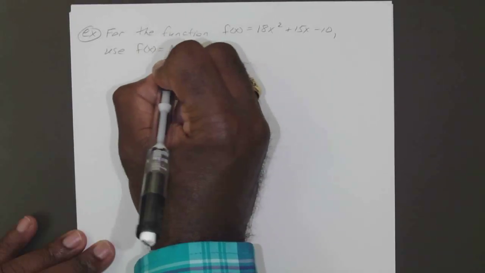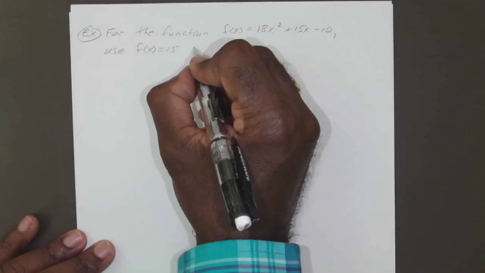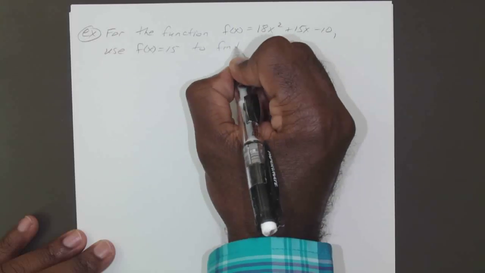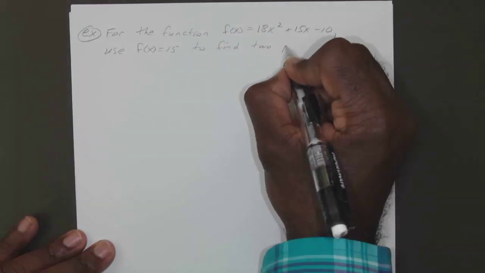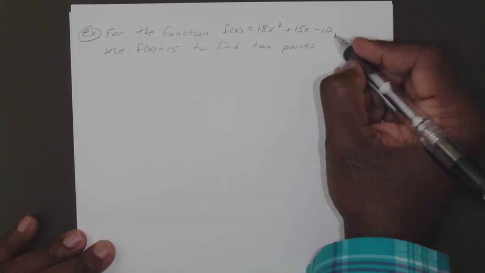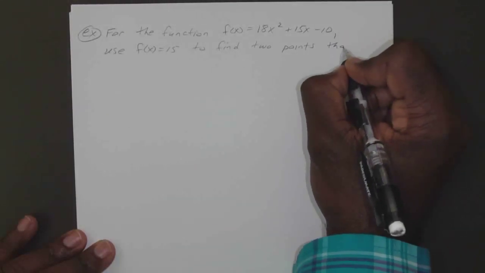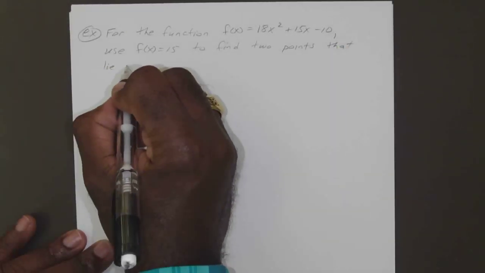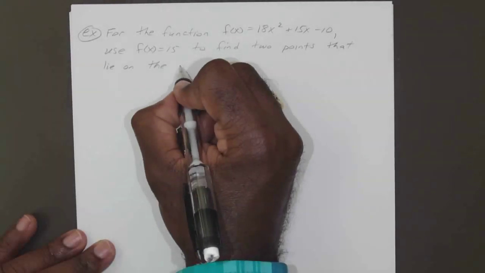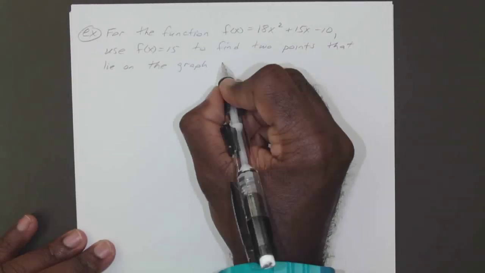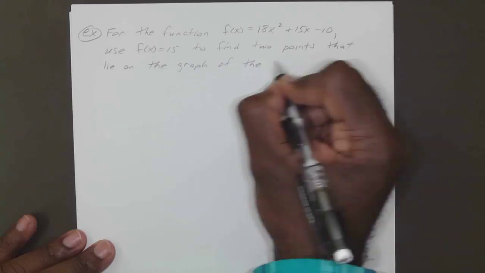Use f of x equals 15 to find 2 points that lie on the graph of the function.